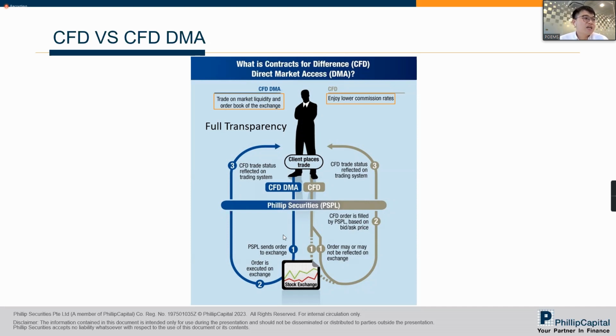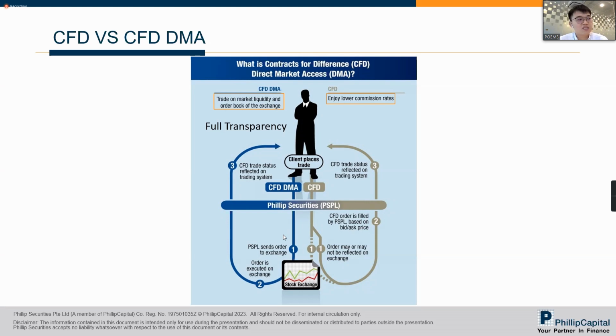After that, the CFD order is filled by PSPL based on the bid or ask price. The third thing is that the CFD trade status is reflected on the trading system at the end. But for CFD DMA, PSPL will straight away send your order to the exchange, because direct market access is to SGX. So the order is executed on the exchange, and the trade status is reflected on the trading system as well, same as CFD.